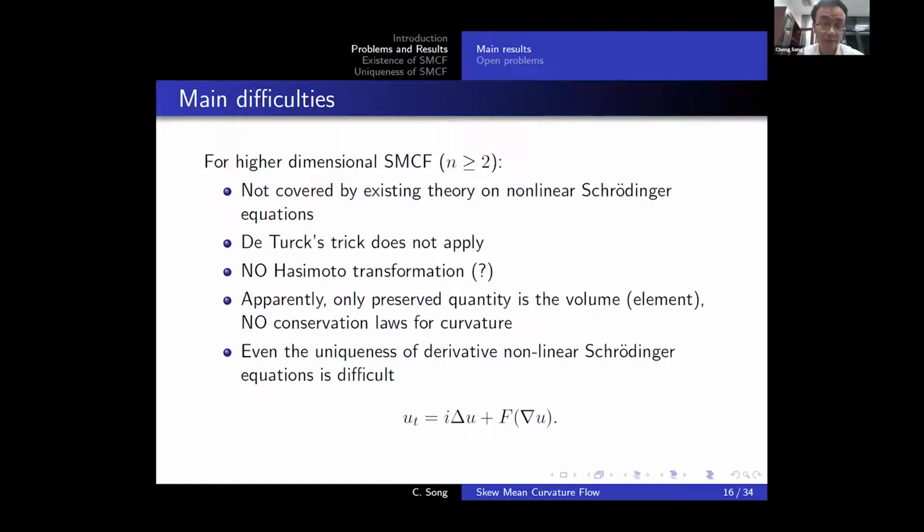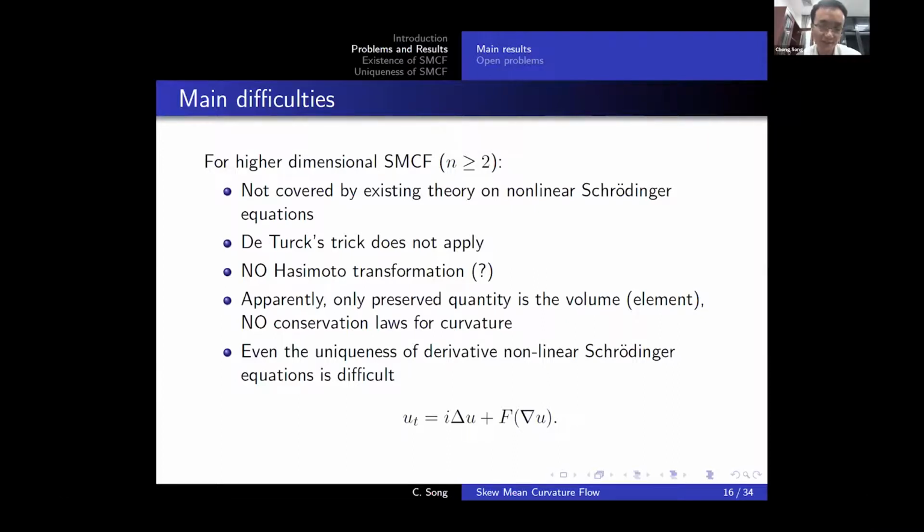The familiar geometric analysis trick, the DeTurck trick, does not apply. And it seems there's no Hashimoto transformation for dimension 2, which was investigated by Cassin. So it's not likely.